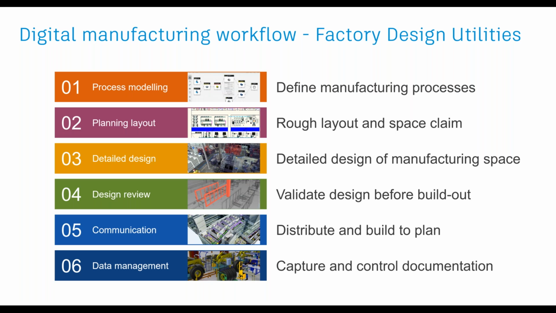One of them is, of course, communication and being able to review your design correctly. And finally, once we are done with our design and we have communicated and everyone has agreed to the design of the layout, there is the need for change management as well. So being able to capture and control documentation, maintain versions of your document correctly is also very important, and that is what Factory Design Utilities helps you do.